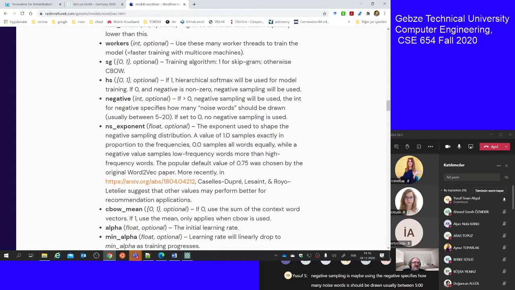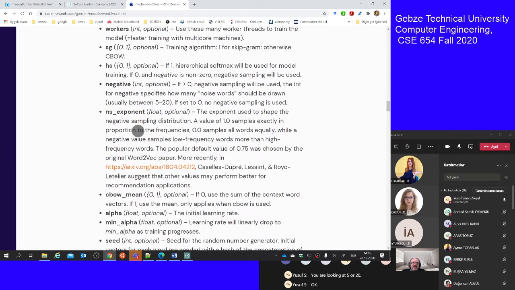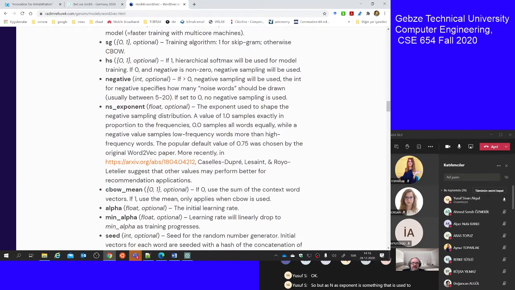Remember, what did I say? I said you look at 10 words or 50 words. I don't remember. Instead of looking at the whole vocabulary, you are looking at 5 or 20. What else? The exponent is something that is used to calculate the probabilities when you use negative sampling.